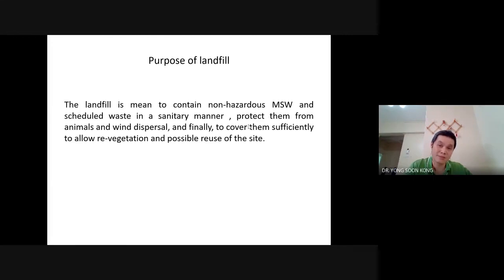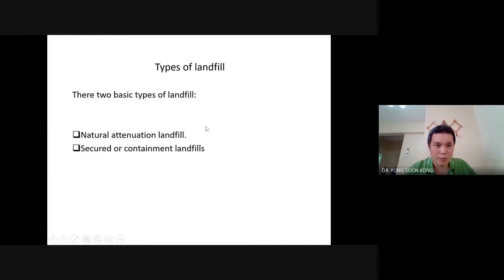That is the purpose. That's why municipal solid waste is not supposed to contain plastic, because it won't work. It will only work if it is all biodegradable organic waste. So this is good to treat those wastes. And we have two types. If it is municipal solid waste, we use a natural attenuation landfill.